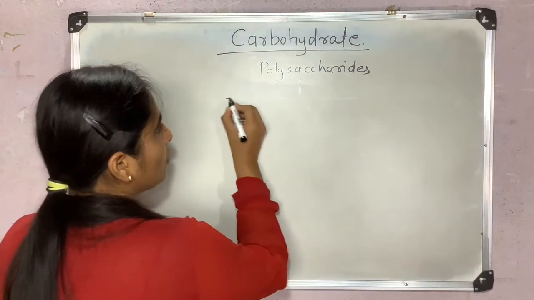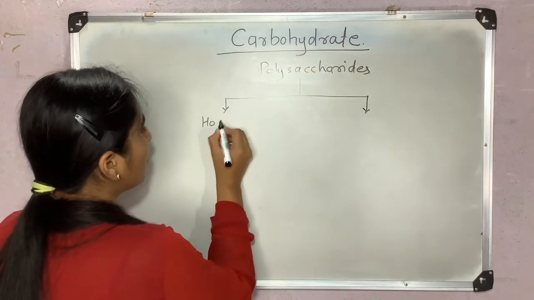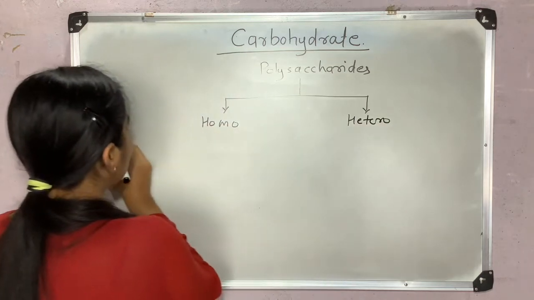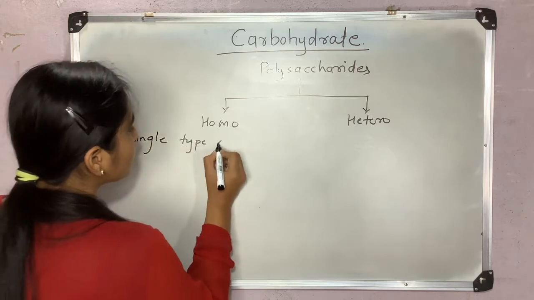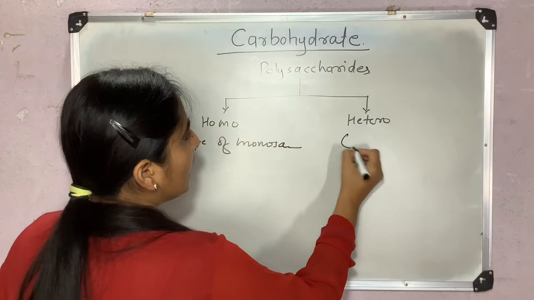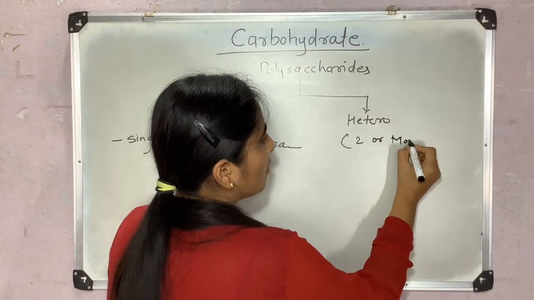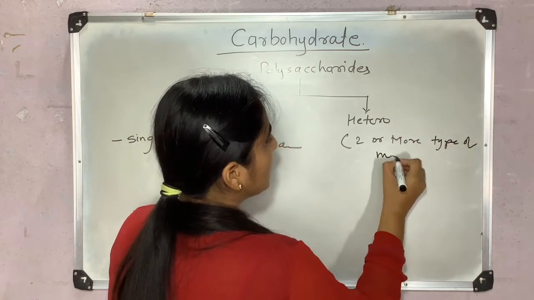There are two types of polysaccharides, homopolysaccharides and heteropolysaccharides. Homopolysaccharides are made up of a single type of monosaccharide, and heteropolysaccharides are made up of two or more types of monosaccharides.